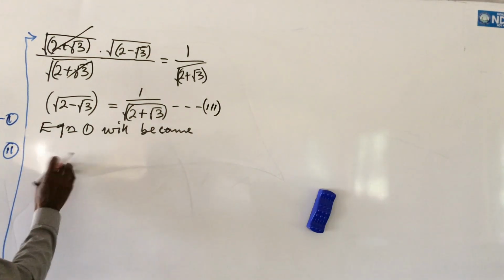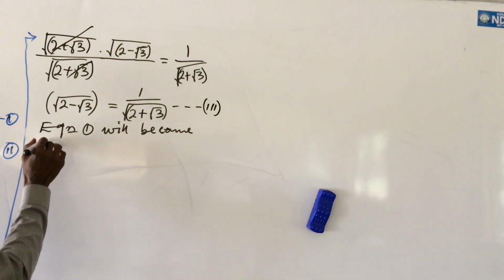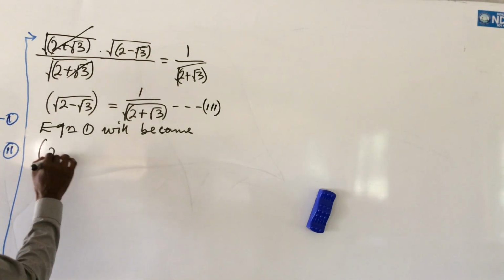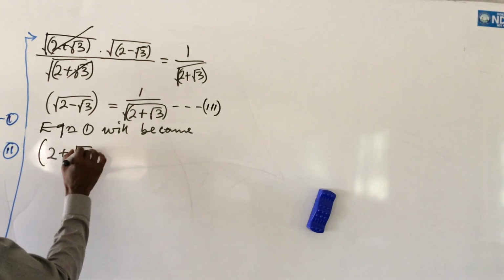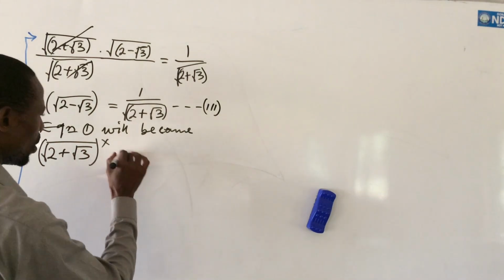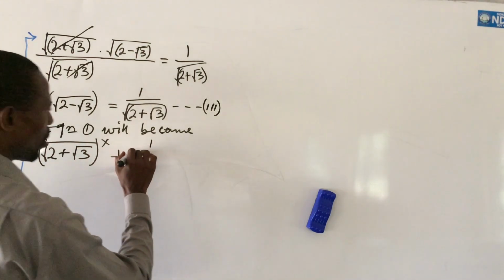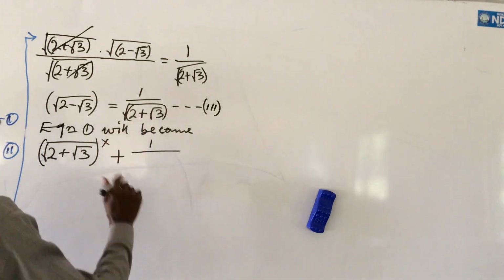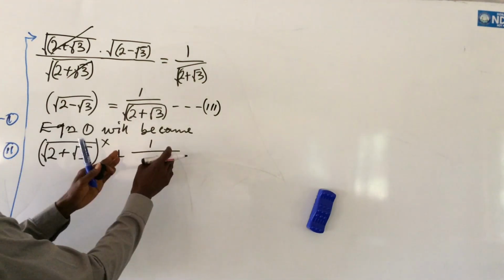This is going to give us (√(2 + √3))^x plus 1 over this, because this is what we have there in the second part.